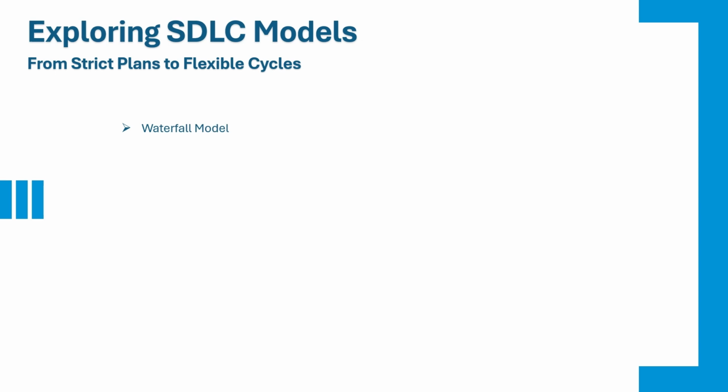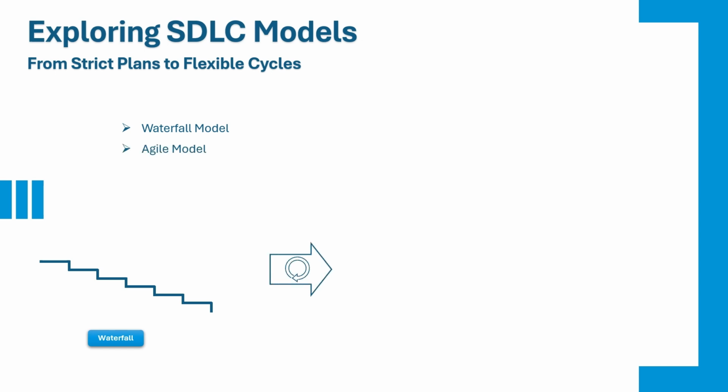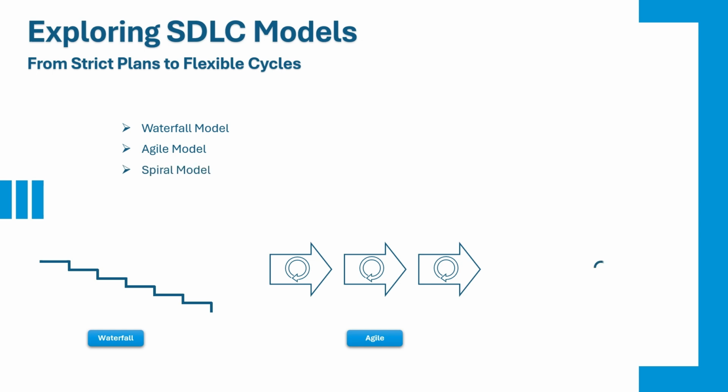When it comes to software development, there's no one-size-fits-all approach. Over the years, various methodologies have been created to manage the complexity of building software, each with its own strengths and focus areas. These software development lifecycle methodologies help teams organize their work, manage changes, and deliver quality software on time.